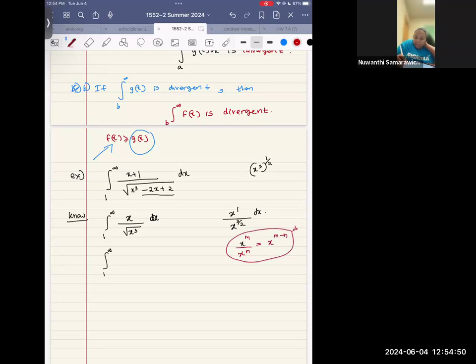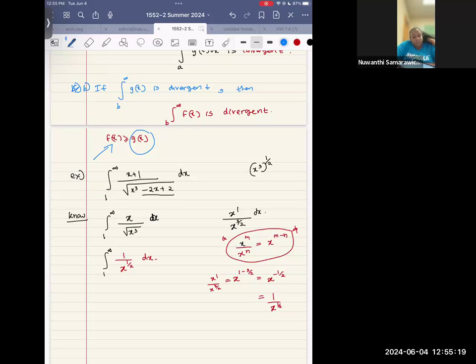So like that, you can write x to the power 1 minus 3 over 2. This is x to the power negative half. This is the negative exponent, so we can write 1 over x to the power half.